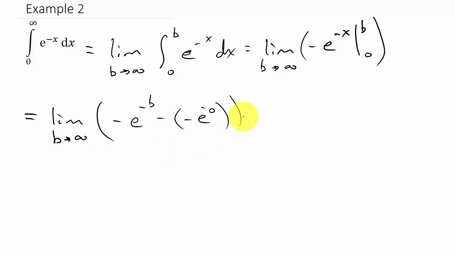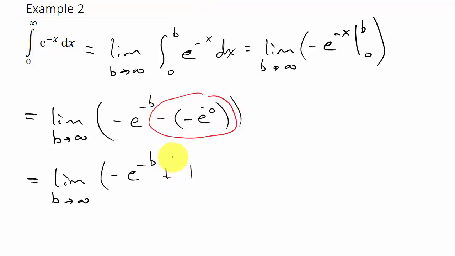This gives me the limit as b goes to infinity of negative e to the negative b plus 1, because e to the 0 is 1, and the negative and negative give me the positive.